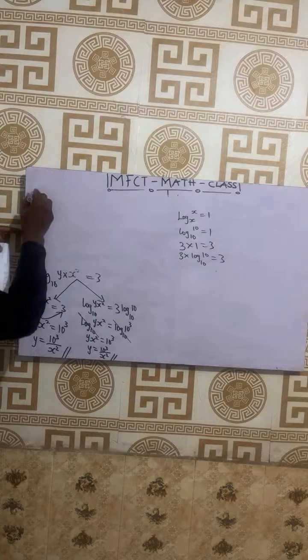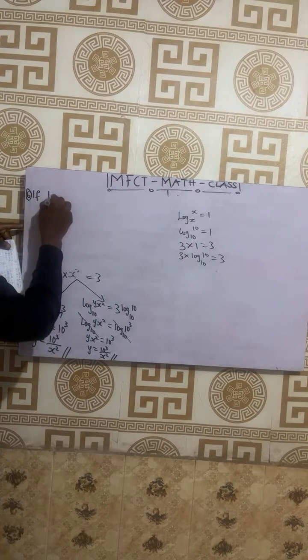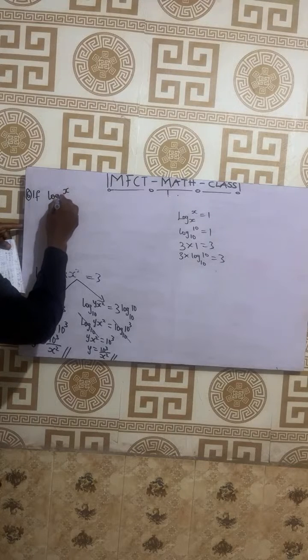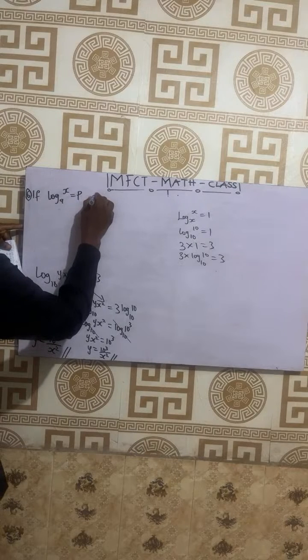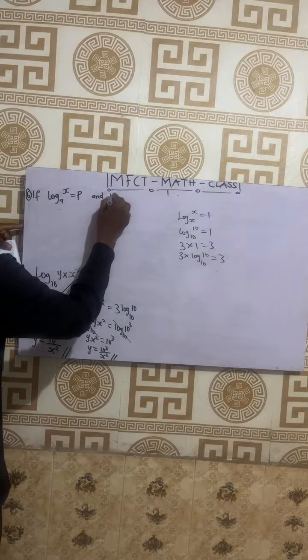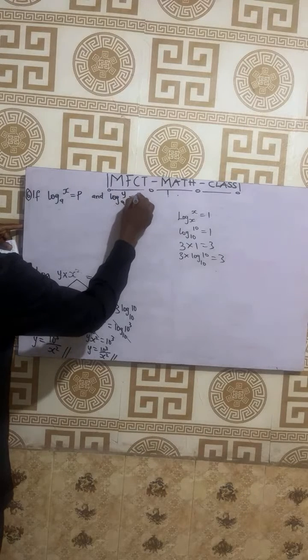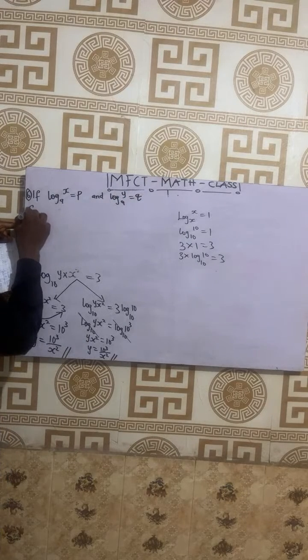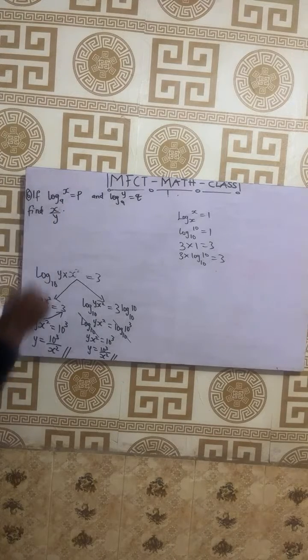The question is, that's question number 6, if log x base a is equal to p and log y base a is equal to q, find x over y.